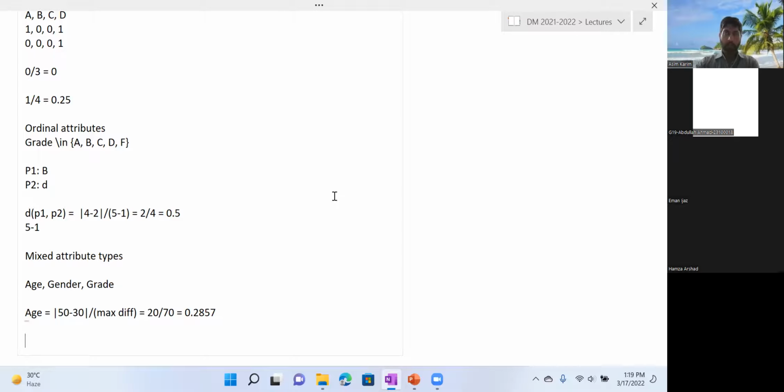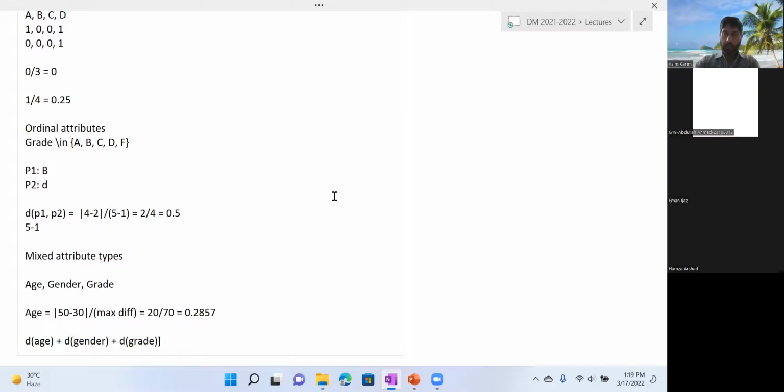So let's say we have dissimilarity for, let's say, each attribute. So D for age, plus D for gender, plus D for the third one, grade.